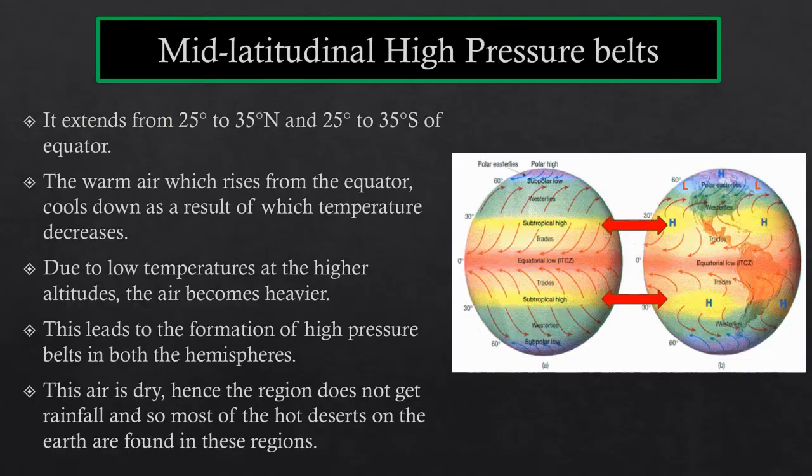Due to low temperatures at the higher altitudes, the air becomes heavier. This leads to the formation of high pressure belts in both the hemispheres. This air is dry, hence the region does not get rainfall, and so most of the hot deserts on the earth are found in these regions.